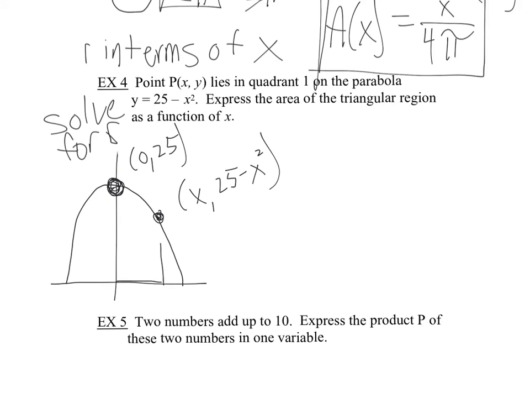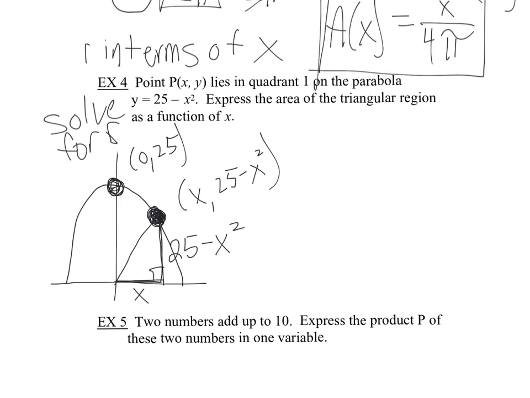Now, if the triangle that they're talking about is this triangle, any point on the parabola or any point in space can be drawn out by x comma y. This is the x displacement to get to this point. This is the y displacement to get to this point. So we know that length is x, and this height is y, 25 minus x squared.